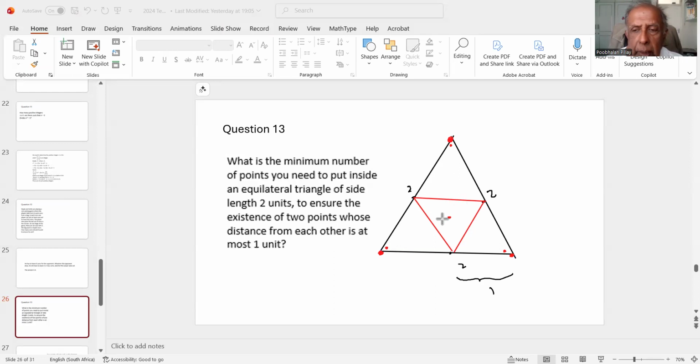I want to prove that the distance from here to each of the 3 dots which I've got is more than 1. And the way to do that is drop a perpendicular or join these. Now, if this is right in the middle of this, then you can check to see that this becomes perpendicular.